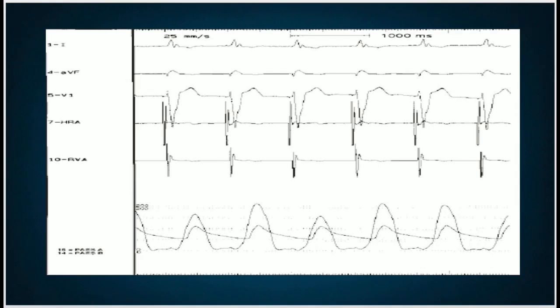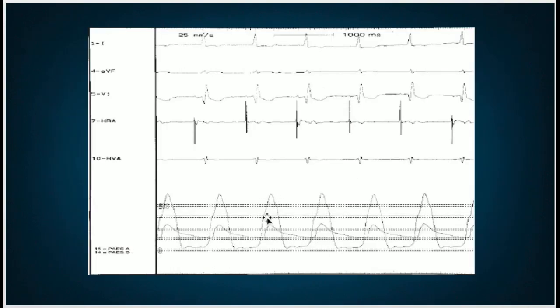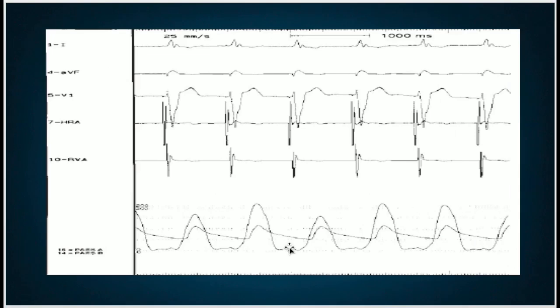So this tracing is with AV sequential pacing. You can see the dramatic decrease in the pressure gradient when compared to the pressure gradient in sinus rhythm, which is more than 150 millimeter mercury at least. And here with AV sequential pacing, the gradient is significantly reduced to 30 to 50 millimeter mercury.